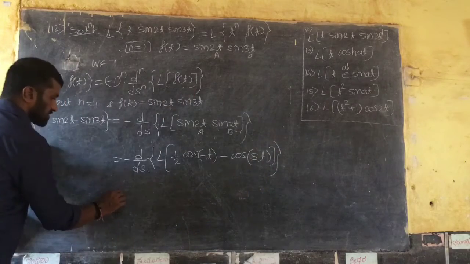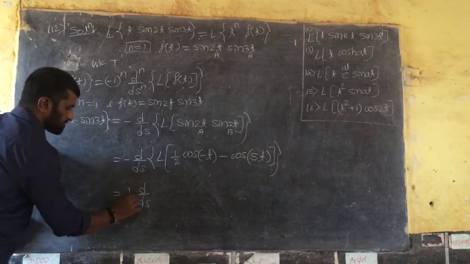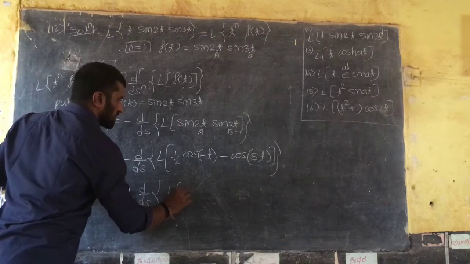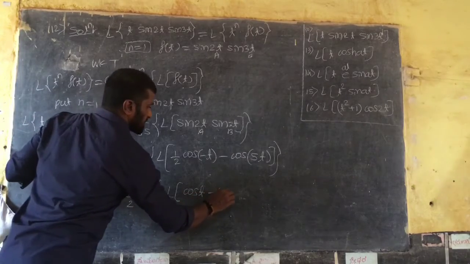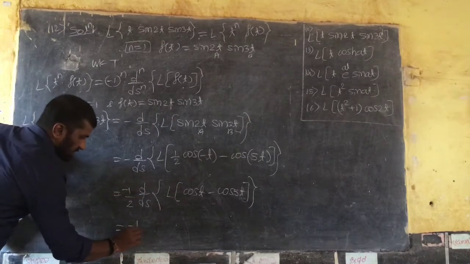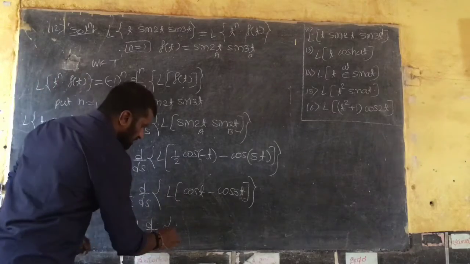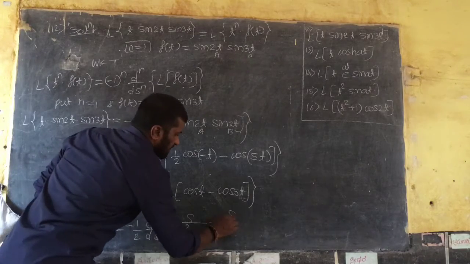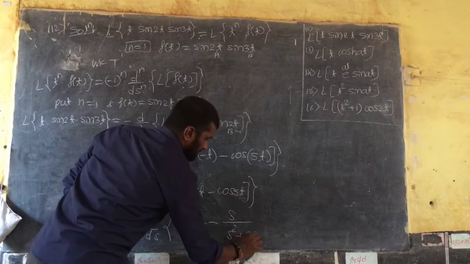So that equals minus 1 by 2 d by ds of Laplace of cos t minus cos 5t. Laplace of cos at is s divided by s square plus a square, and again Laplace of cos 5t is s divided by s square plus a square.